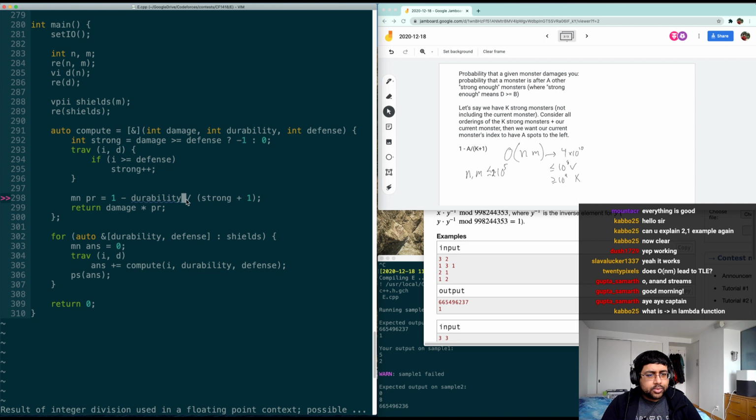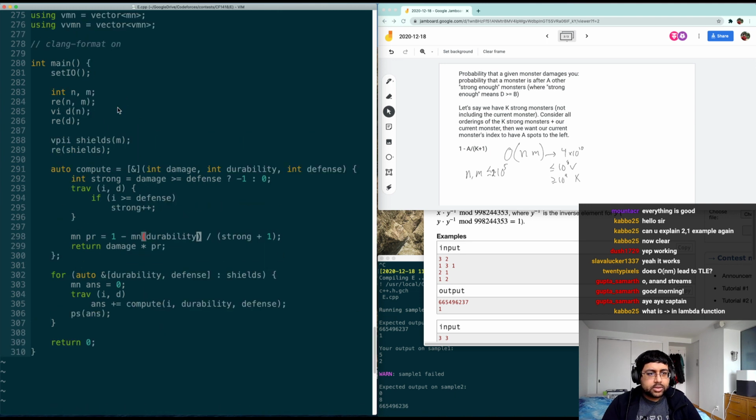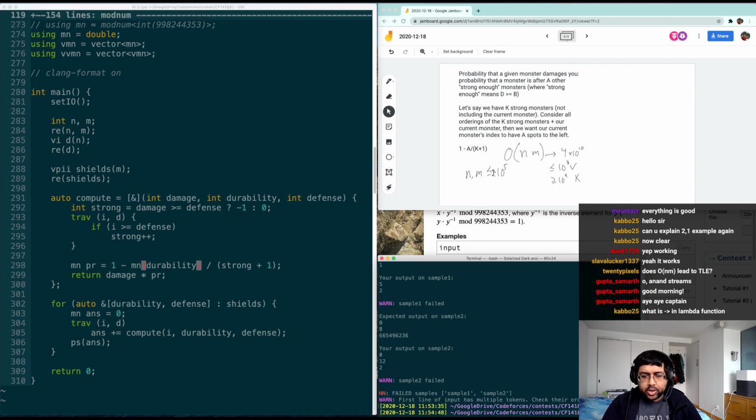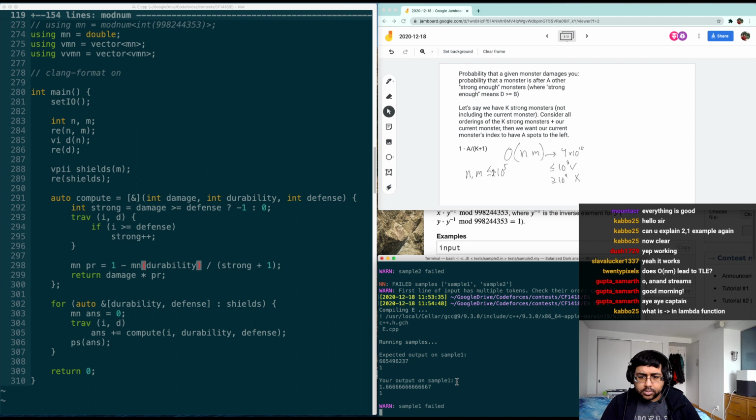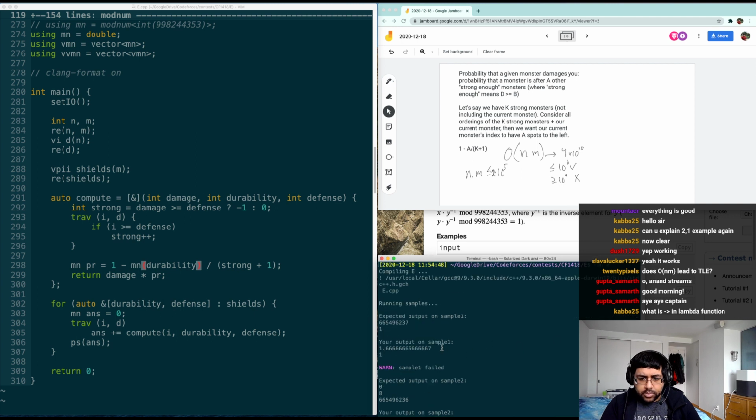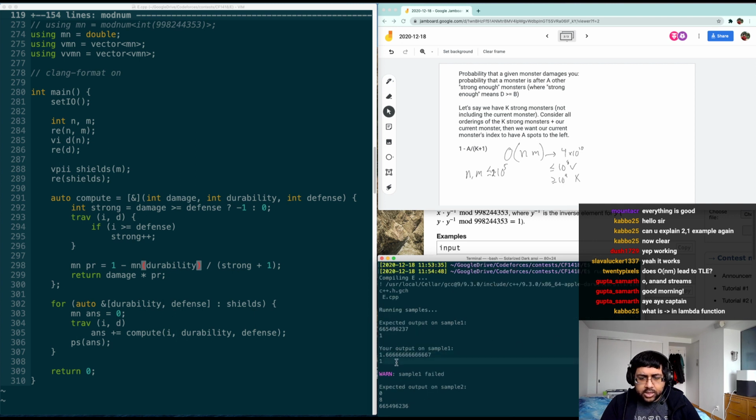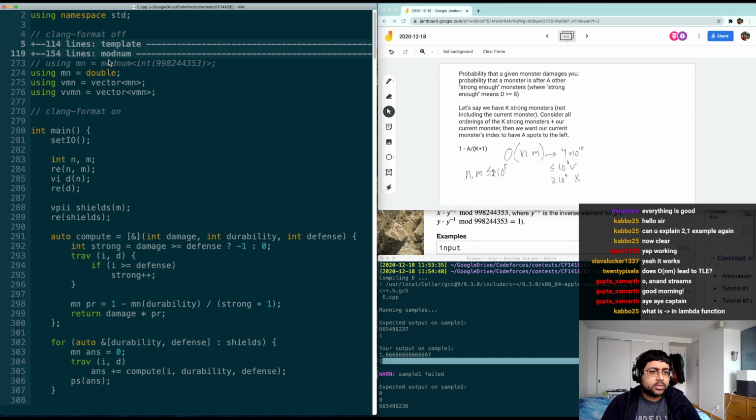Oh, okay, right. So these actually need to be mod nums to begin with. The problem here is that I'm using integer division instead of mod division. So maybe that's just the problem, but let's see. Yeah, so this prints 5/3 and 1 as expected.